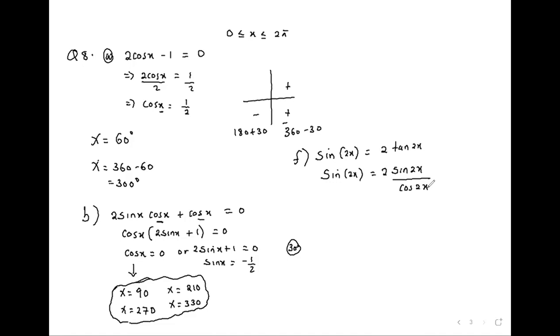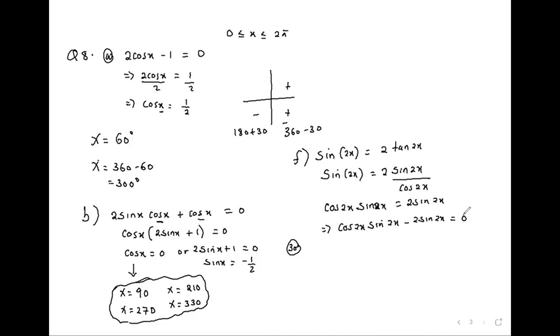If we cross multiply, we have sin 2x equal to 2 sin 2x cos 2x. That is, 2 sin 2x cos 2x minus sin 2x is 0.